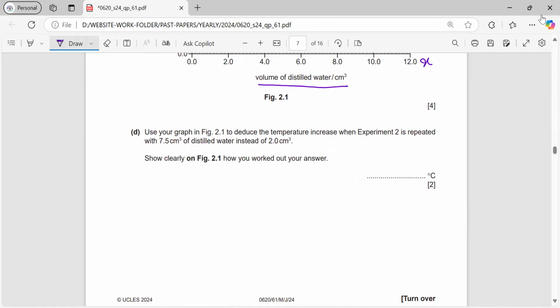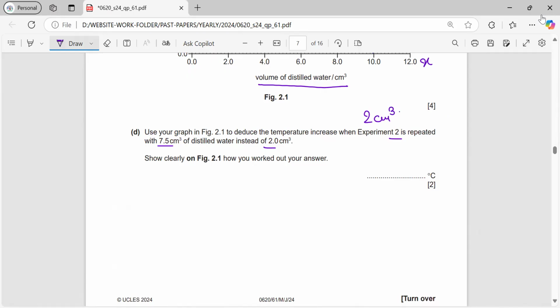Use your graph in figure 2.1 to deduce the temperature increase when experiment 2 is repeated with 7.5 centimeter cube of distilled water instead of 2 centimeter cube. So in experiment 2, we have taken 2 centimeter cube of distilled water.